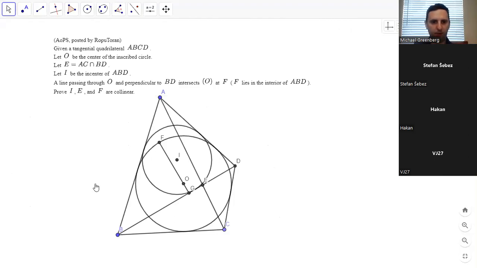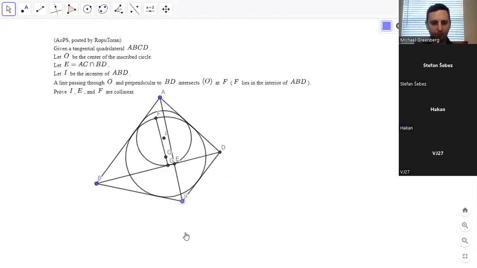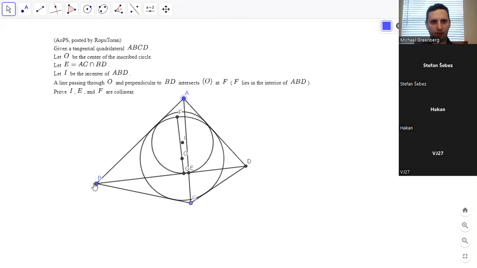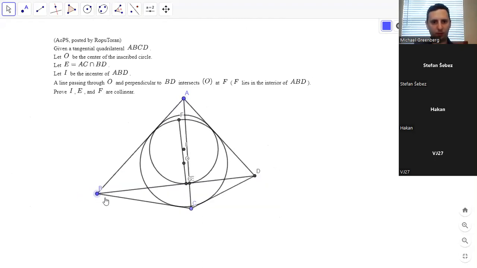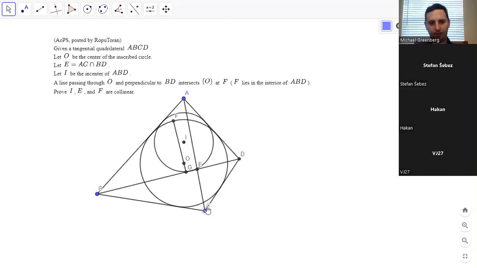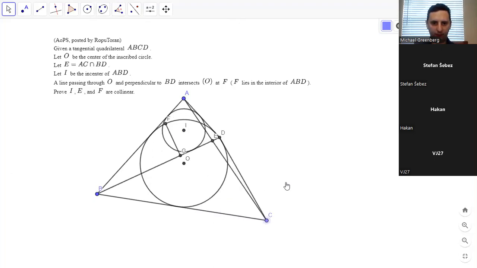Maybe it might be better to do it like this. Basically make A at the top because we want the line passing through O perpendicular to BD. So if I move C around, it's a tricky diagram. It almost looks like these are parallel, but let's see. If I move things around a little bit.